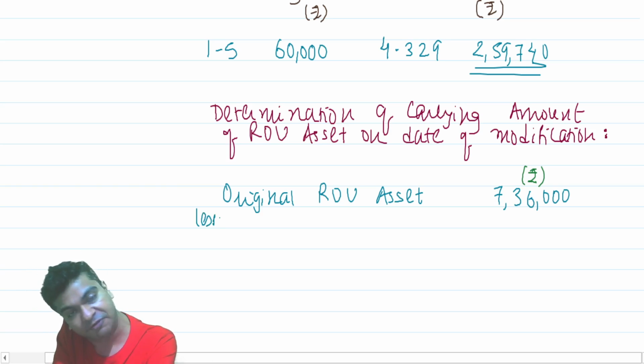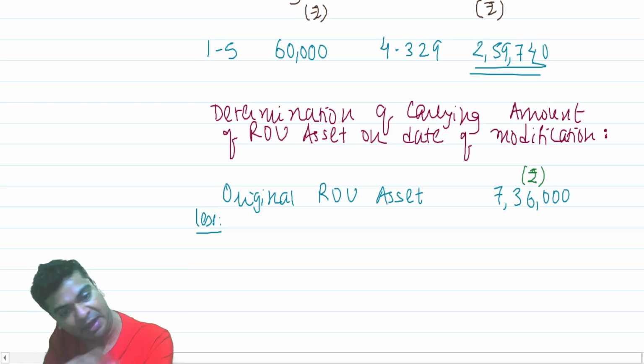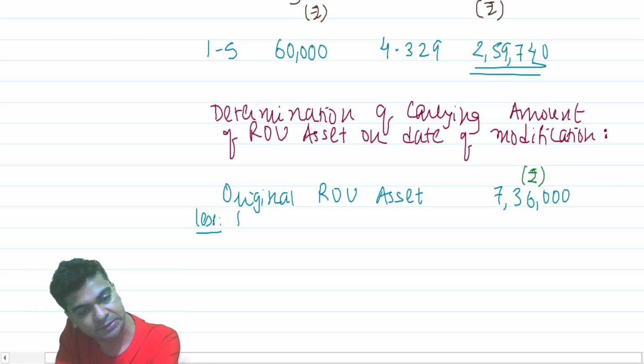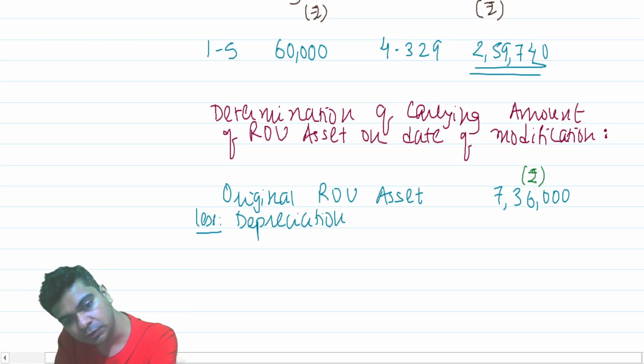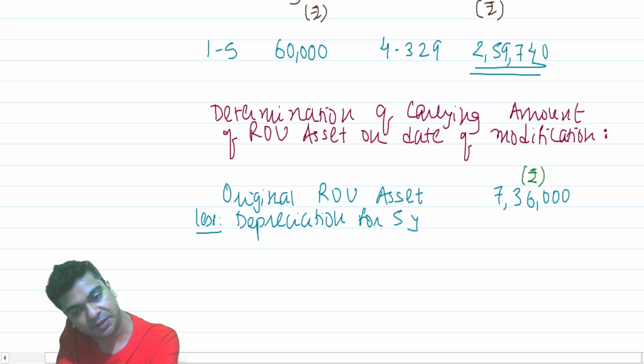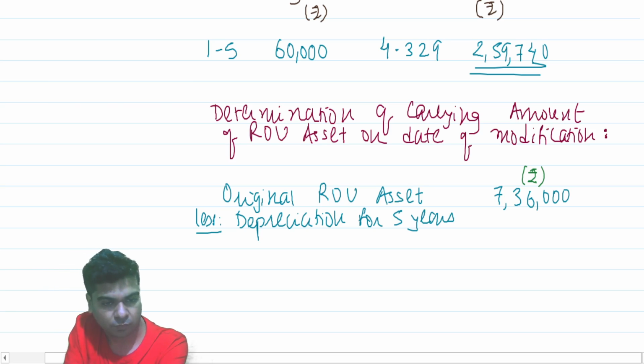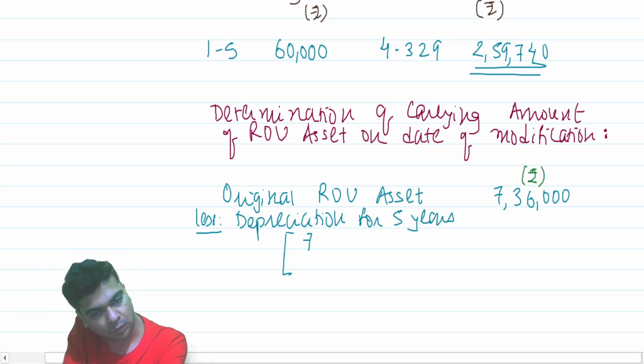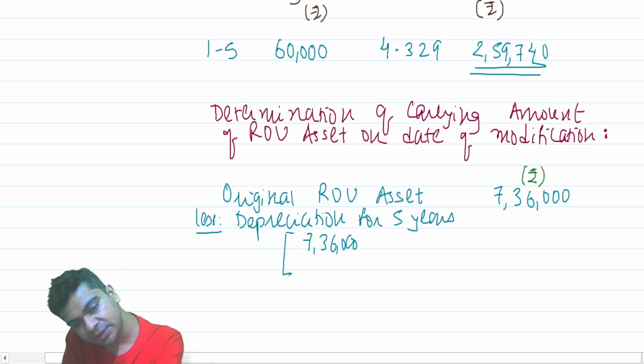We are making the modification at the end of the 5th year. So you must have charged depreciation for 5 years. So less depreciation for 5 years. 7,36,000, they haven't given us any salvage value.